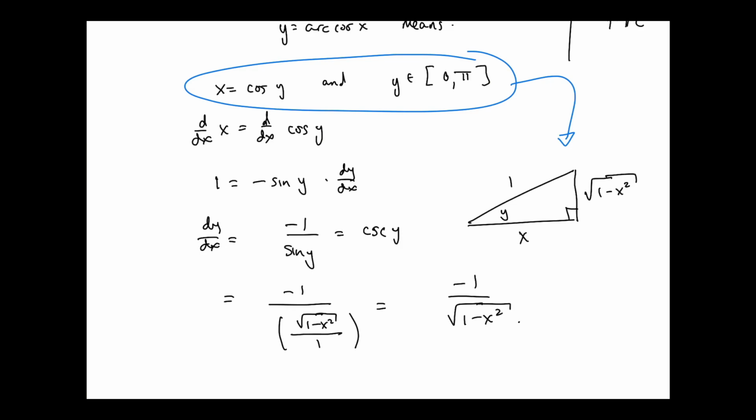And I get the negative of 1 over the square root of 1 minus x squared, which looks a whole lot like the last problem. We just got the negative instead of the positive answer. Well, that's kind of interesting. Sometimes things work out in mysterious and unexpected ways. Keeps life interesting. Okay, so does that make sense?